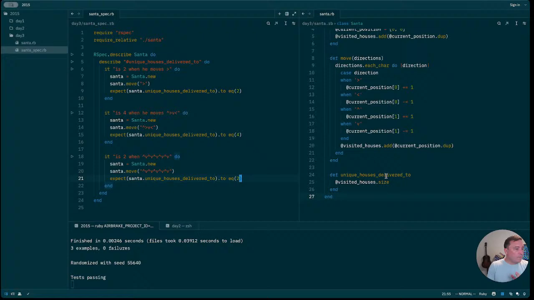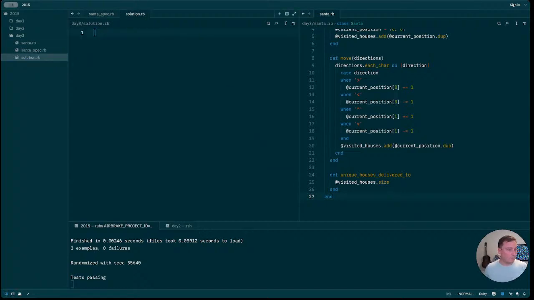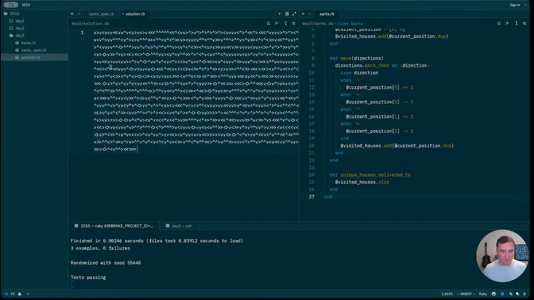And so for how many houses receive at least one present? I think we might be able to jump over to our solution.rb, get the puzzle input, which is that. Not there.